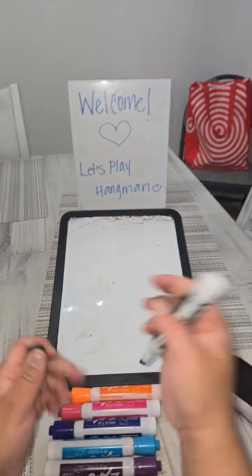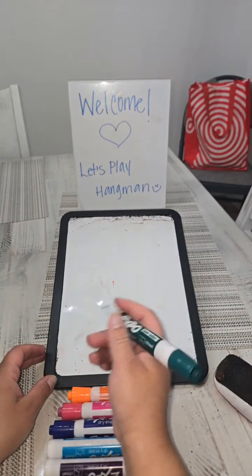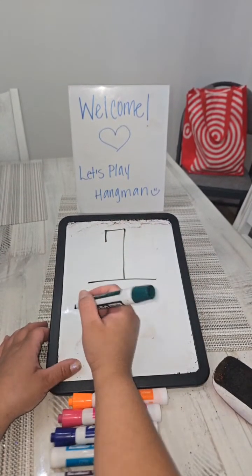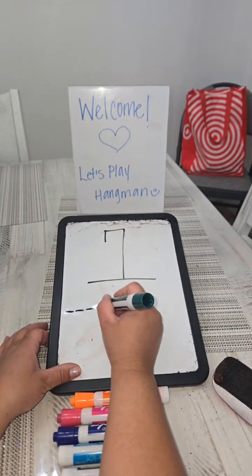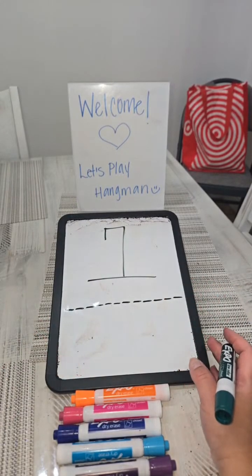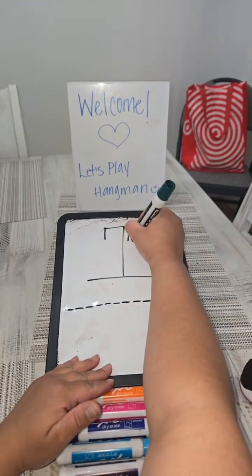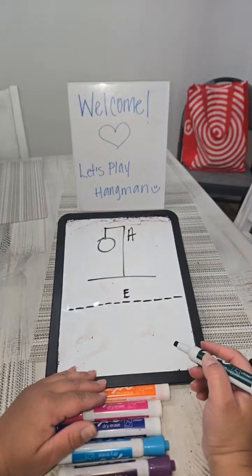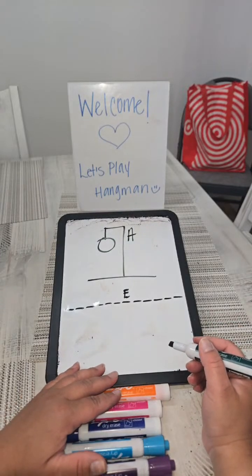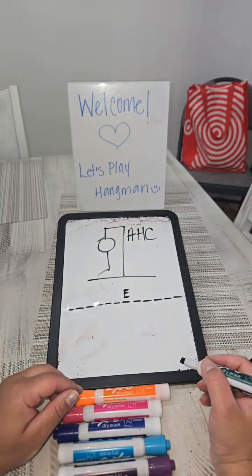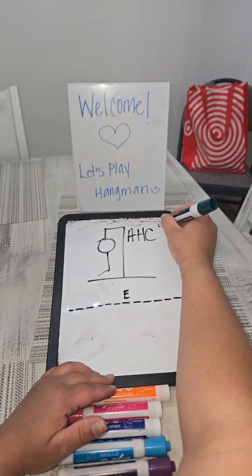All right, and begin. A, E. So there's no A. There's one E. H, C. There's no H. There's no C. C, L, R. C is already there.